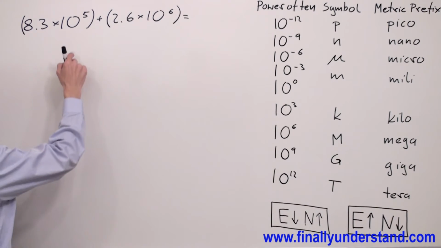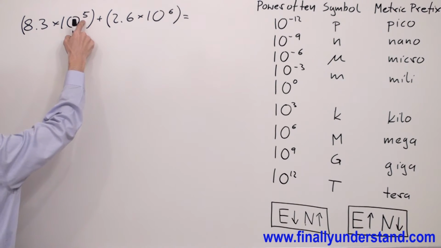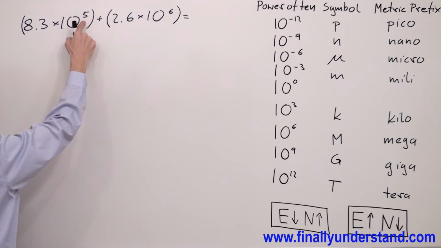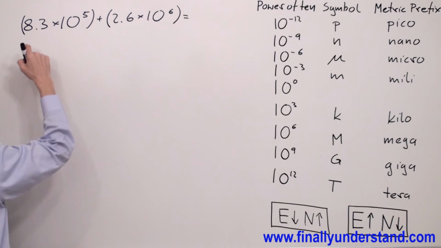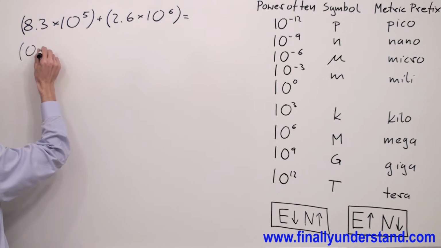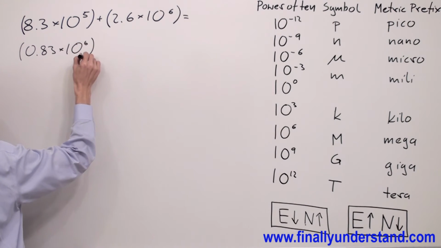Remember, if you want to make this exponent bigger, because I want to convert this to 6 in order to have exactly the same exponent like over here, my exponent goes up, number will go down. That's why I'm going to have 0.83 times 10 to the 6.